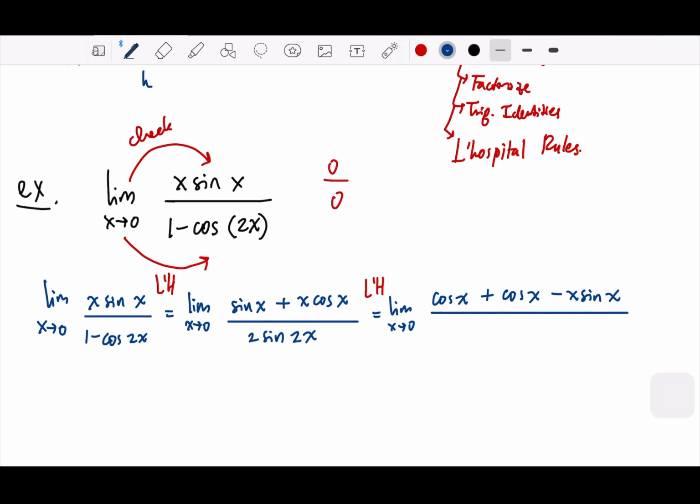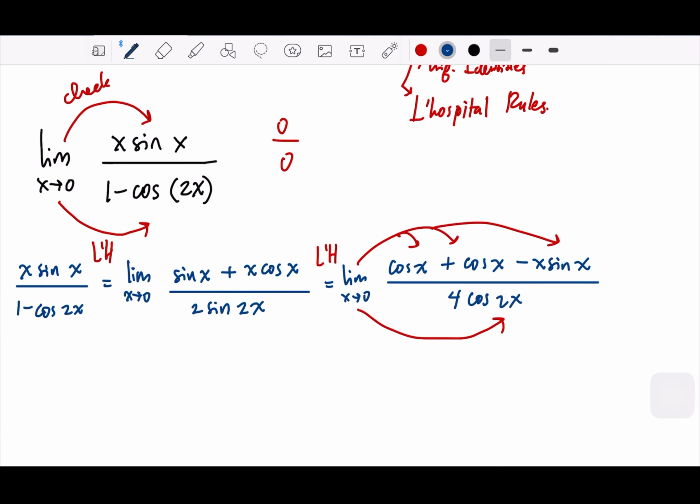Then this will be 4 cosine 2x. Now I think we can evaluate the x. So check, and then we will have 2 over 4, right? 2 over 4 or 1 over 2.